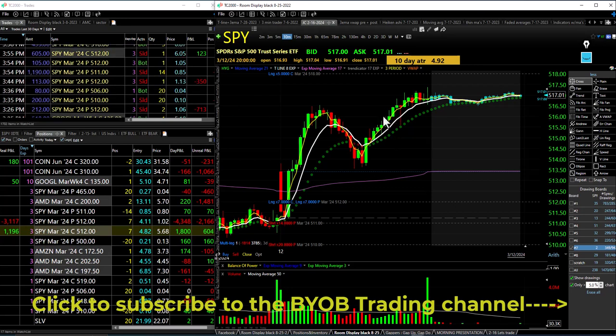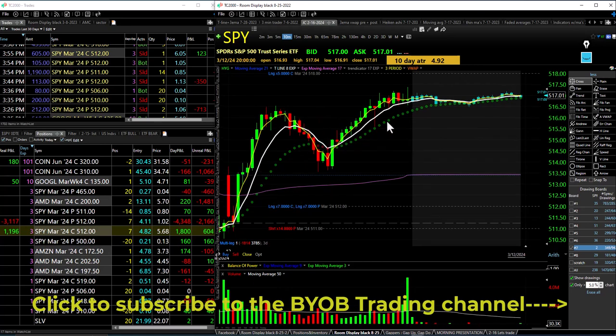Unload, reload on every one of these. When the wick gets up there, I'm farming one out. I'm trying to farm one out at the high and reload one back at the low. That way I'm carrying, so I'm taking profit as price goes up, but I'm also able to arrive at my destination with a full boat. That's what I'm looking to do.